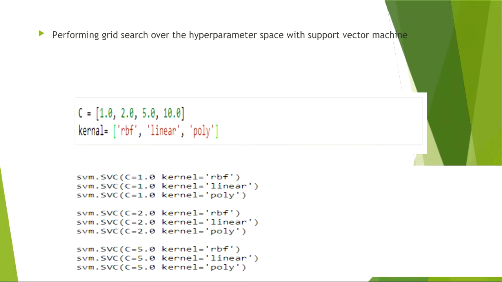So this is again an example. Let me give you an example. This is an example being performed over the hyperparameters. And what is this support vector machine?